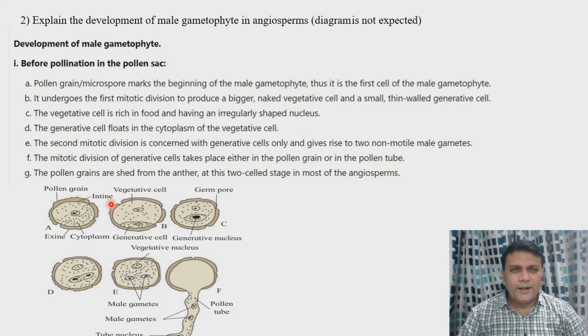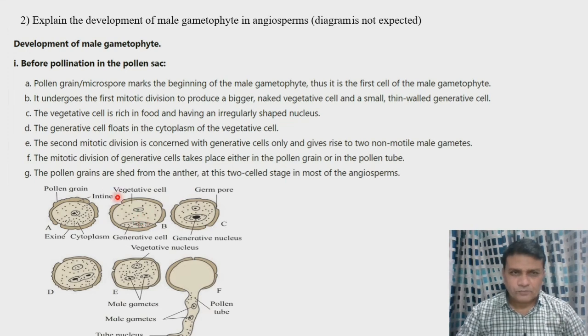Then the third point is that the vegetative cell is rich in food and having irregular shaped nucleus. Then the next point is that the generative cell, this is the generative cell, and this generative cell floats in the cytoplasm of the vegetative cell.